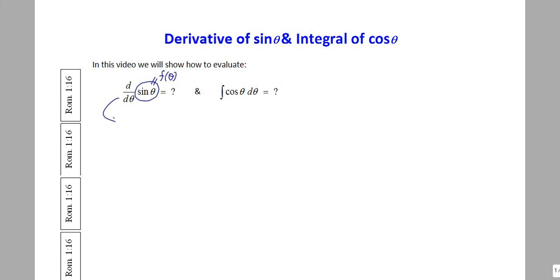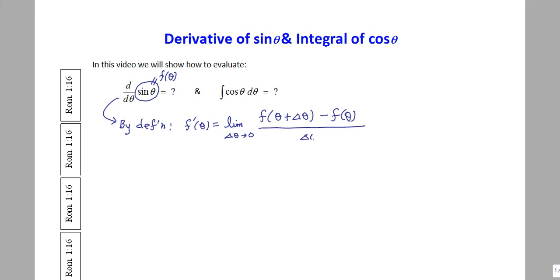And so the definition of a derivative from your calculus class is that f prime of theta is equal to the limit as delta theta tends to 0 of f of theta plus delta theta minus f of theta all divided by delta theta. And what we're really trying to do is figure out what that limit is, okay? And so, well, let's go ahead and do that.